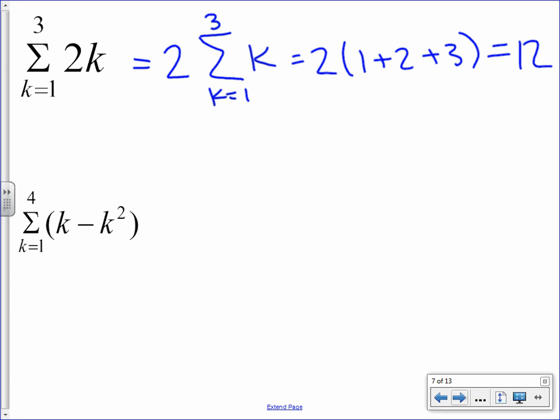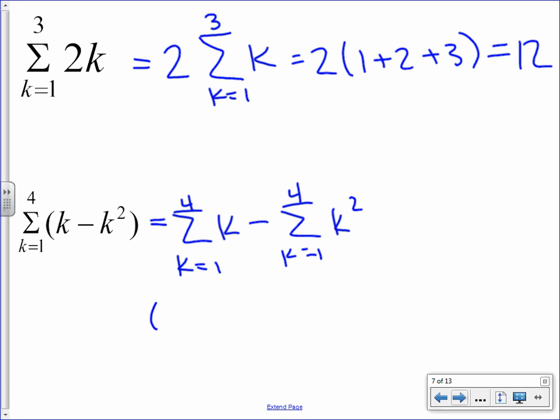Now here, since we're subtracting two things inside of our summation, we can break this up into two summations. So essentially what we have is 1 plus 2 plus 3 plus 4 minus 1 plus 4 plus 3.